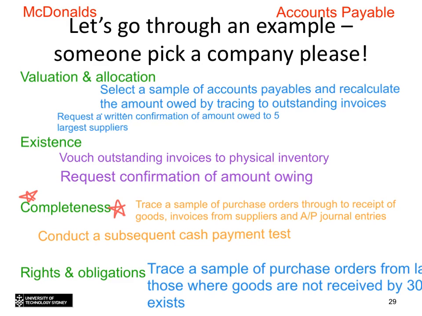My first one, trace a sample of purchase orders from, I'll choose the last month of the year, and for those where goods are not received by 30 June, ensure no accounts payable exists.